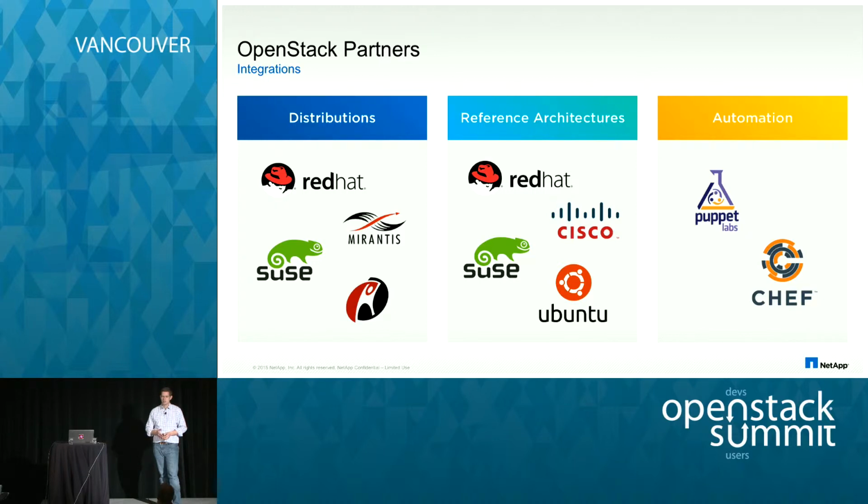With Chef, exactly the same story. At the Chef Supermarket, you can find the right cookbooks for both clustered ONTAP as well as E-Series. So we're really trying to make sure that all the storage underneath future infrastructure deployments, often an OpenStack endeavor, has automation that isn't forgotten.